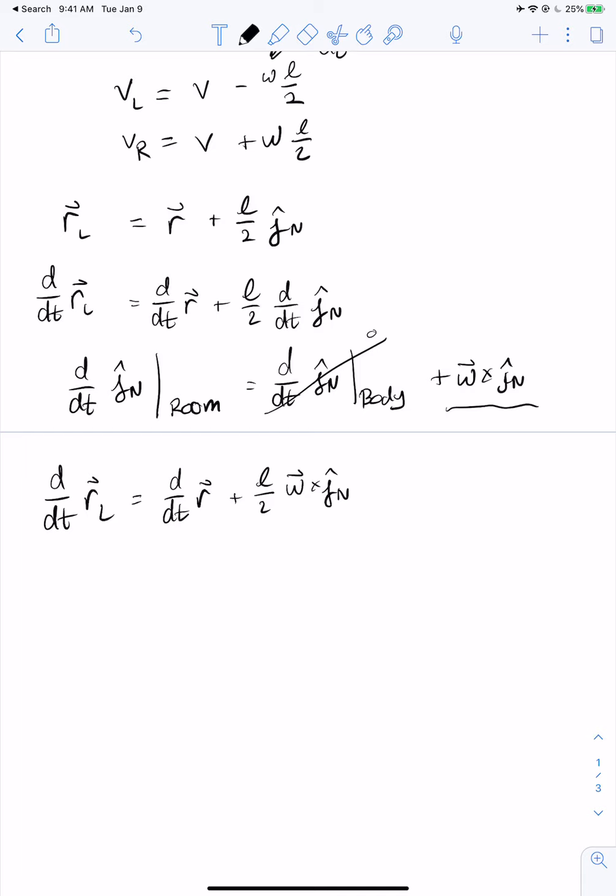So for a robot rotating in the xy plane, omega is just going to be equal to d theta dt, so the angular rate of change of its heading, times k hat Nito, which points out of the page. All right, the i hat Nito and j hat Nito axes are in the plane. Okay, so substituting that in, we arrive at the following.